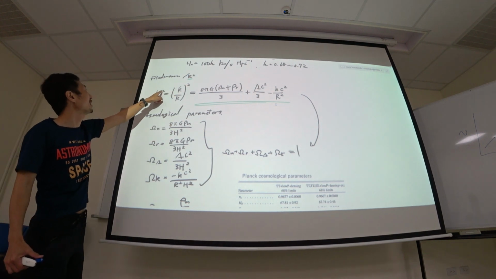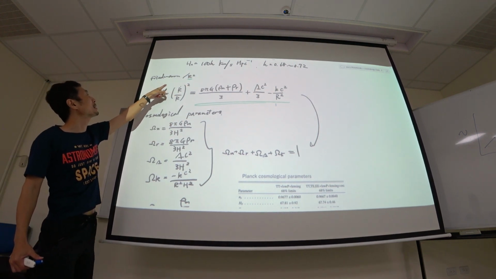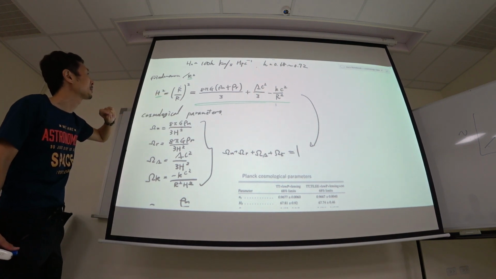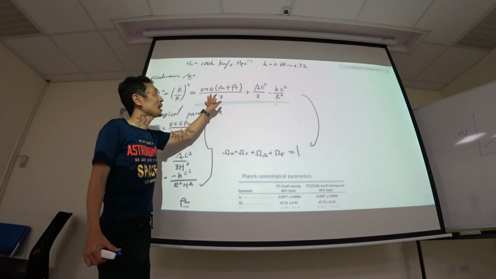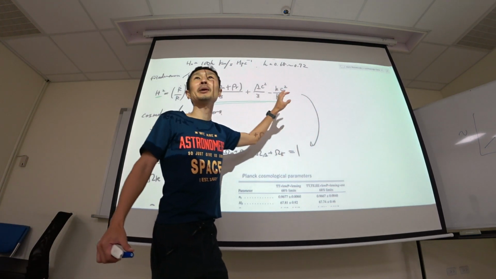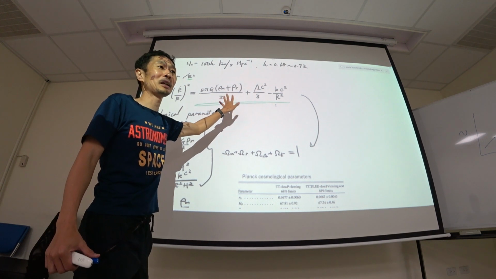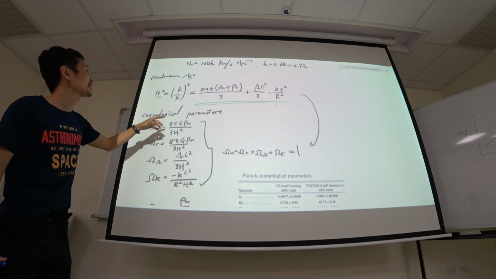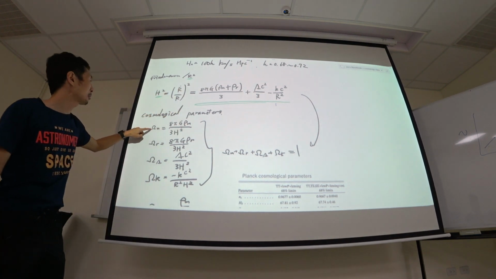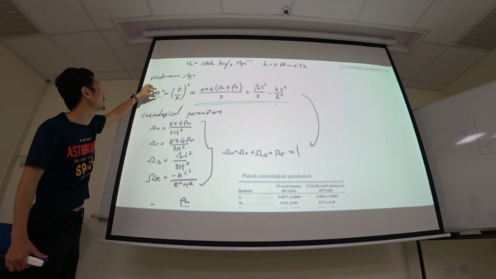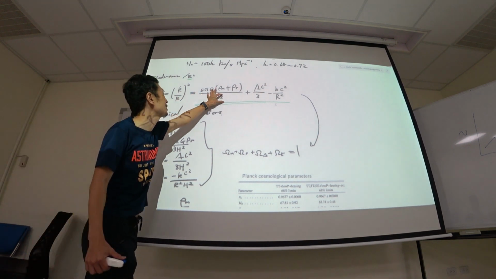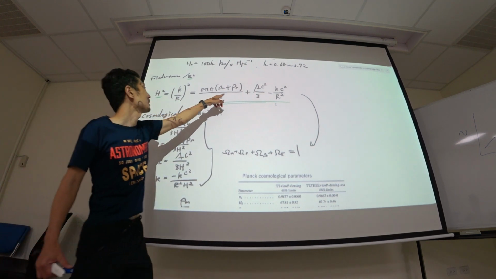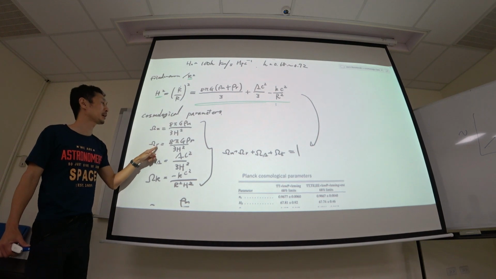So we can write it as h squared. If you divide the Friedmann equation by R squared, it's going to be h squared equals. And now the right part is too complicated, right? You don't like that, so we simplify it. We define this as omega matter, dividing by h squared. Omega radiation is this part, omega r.